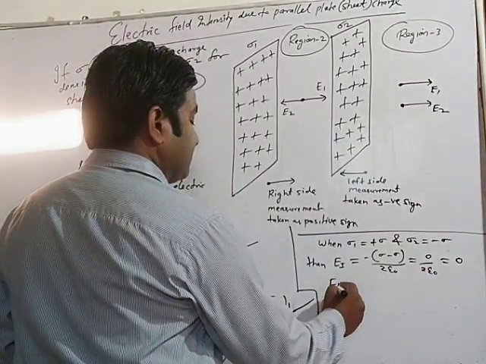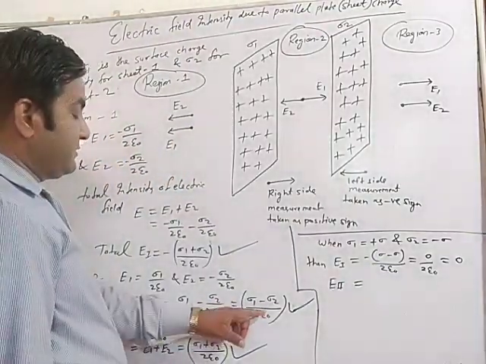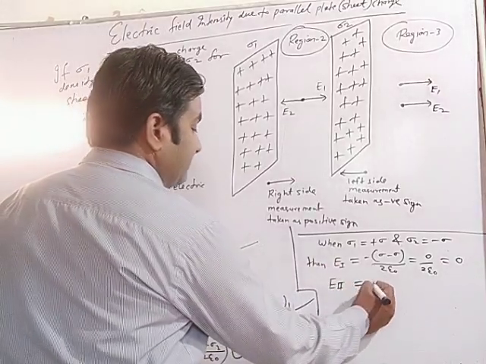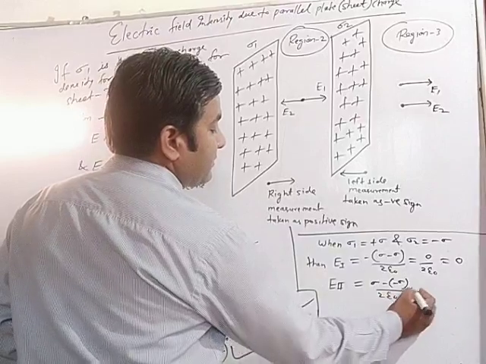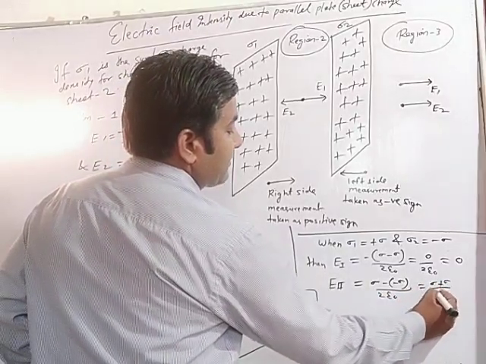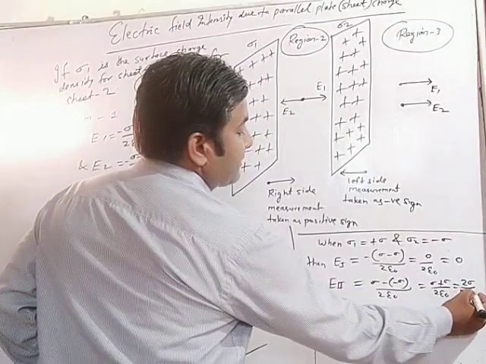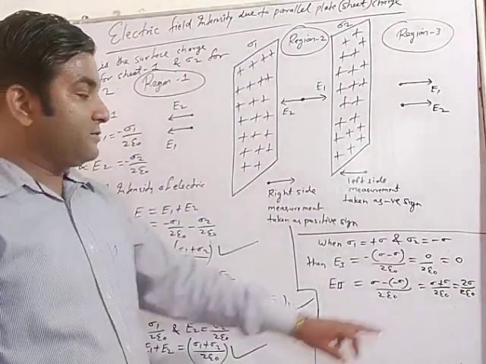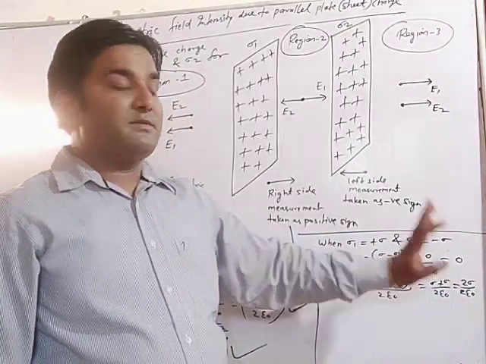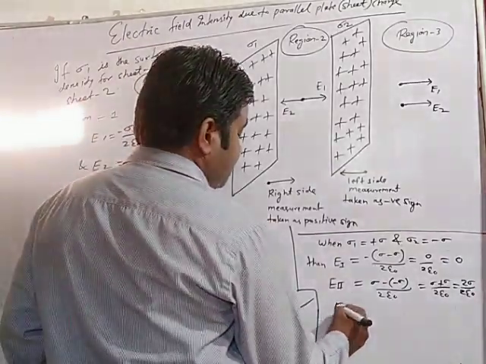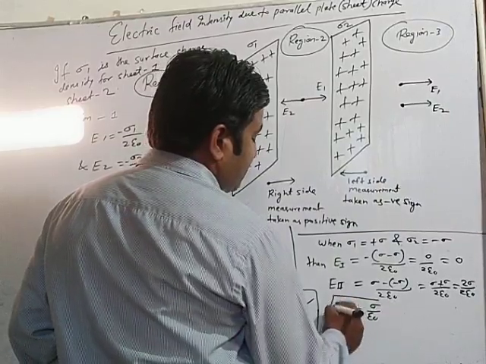E in the second region, sigma 1 minus sigma 2, with sigma 1 as plus sigma and sigma 2 as minus sigma, so minus of minus sigma upon 2 epsilon naught, that is sigma plus sigma upon 2 epsilon naught, equal to 2 sigma upon 2 epsilon naught. We can simplify that to sigma upon epsilon naught, so E in the second region is equal to sigma upon epsilon naught.